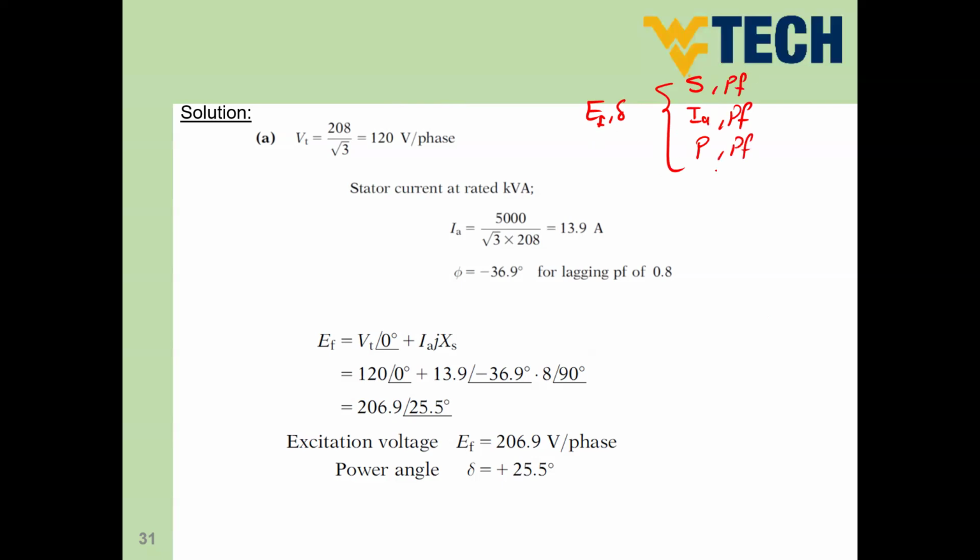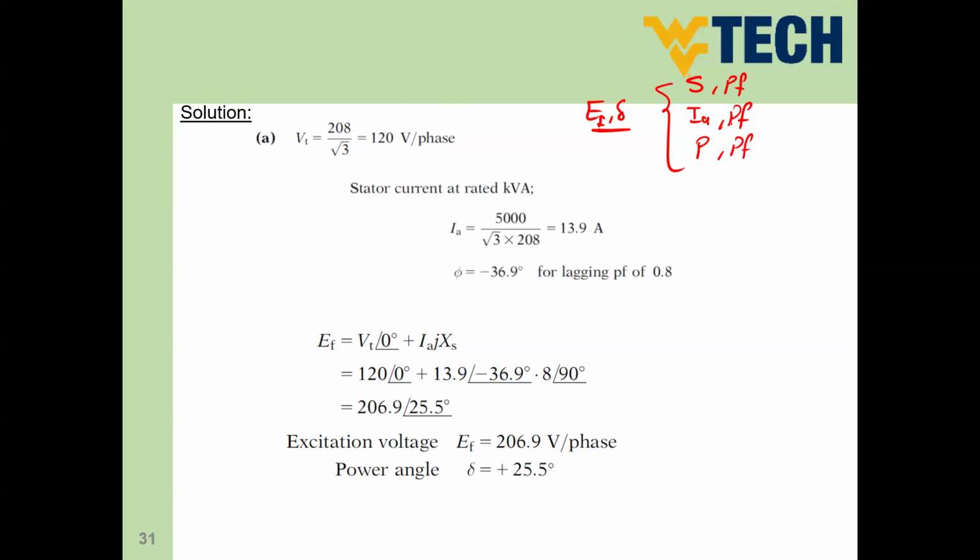Any of these cases have to be there in order to calculate the value of EF and delta. If you have one of these values and you don't have the other, there is no way to solve the question numerically. You have to solve graphically, and graphically is solving using a phasor diagram. We will discuss later on how we can have a graphical solution for such problems. But let's focus now on the numerical way, the analytical way, of solving the problem.